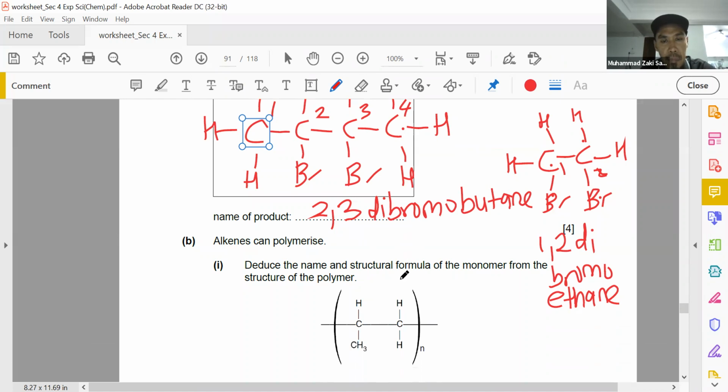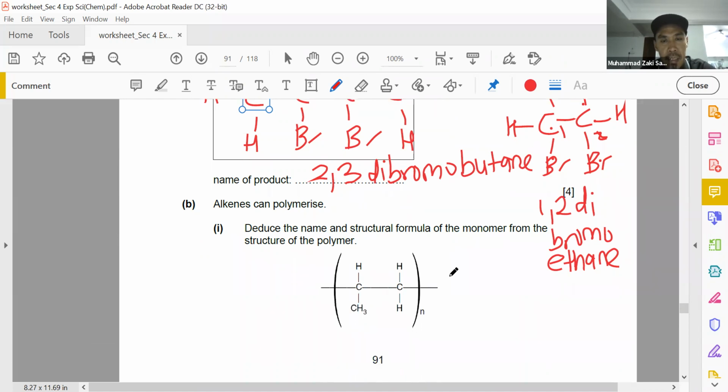Alkenes can be polymerized. Now this is the polymer. Remember this is polymer. There is a bracket, there are two lines jutting out, and there's n here. And if you remember, there's one thing called repeated unit. This is the repeated unit for this particular polymer.